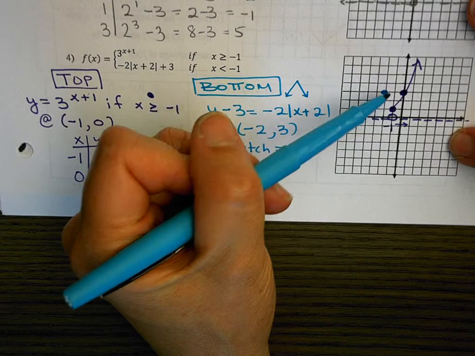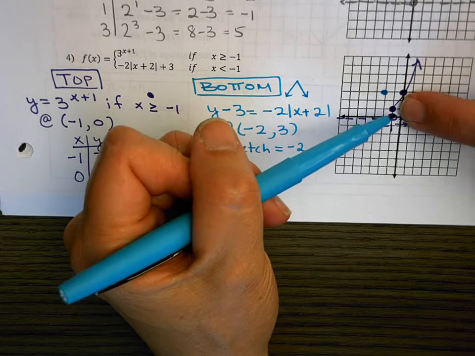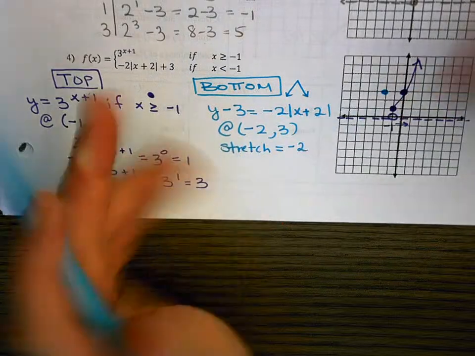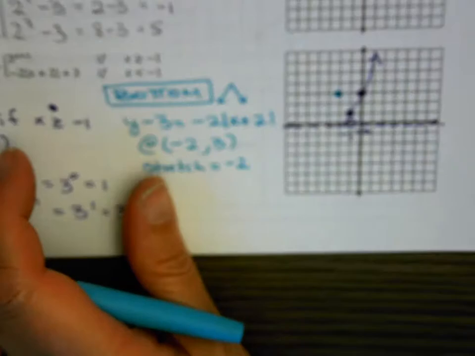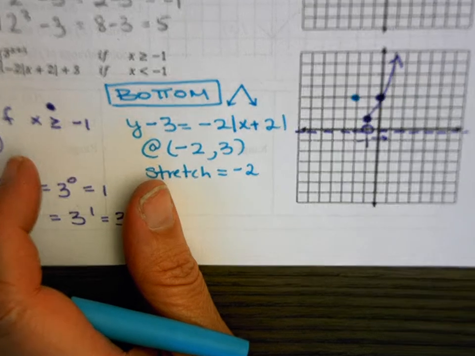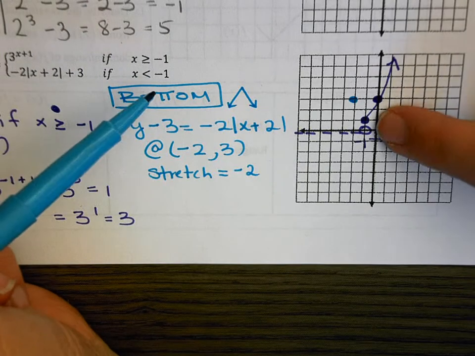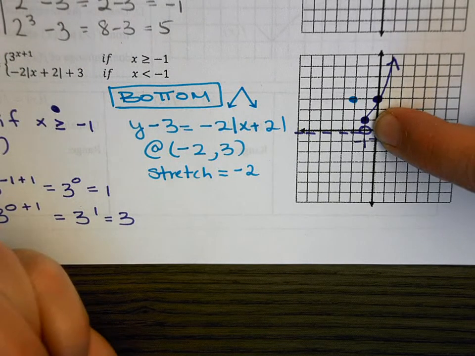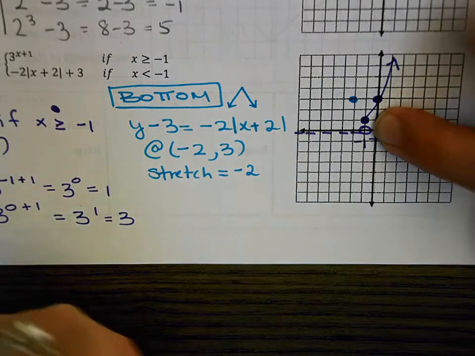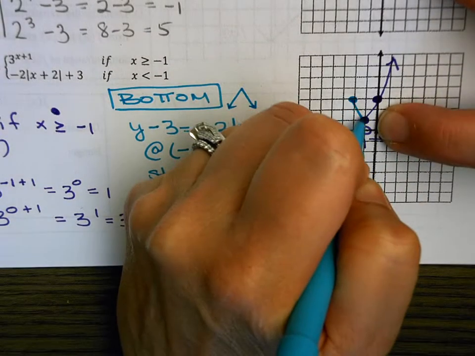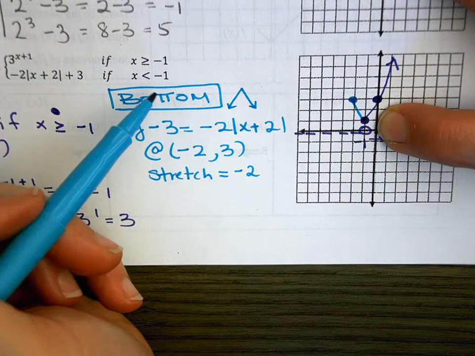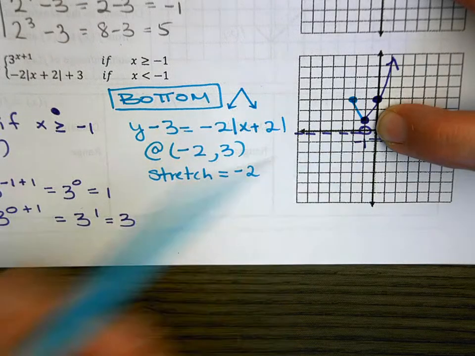So I would go down 2 over 1, and there's already a dot there, so I don't need to do anything about that. I don't need to try to make it an open dot somehow because it doesn't have the underline here. That dot already exists as part of my graph, so I don't need to circle it to say it's an open dot because it's not equal, because it's already a closed dot from the first graph.